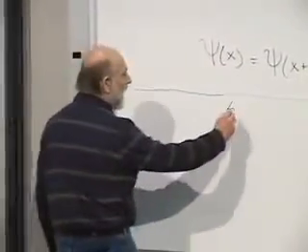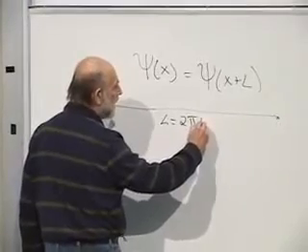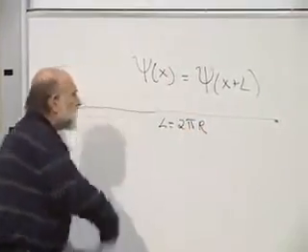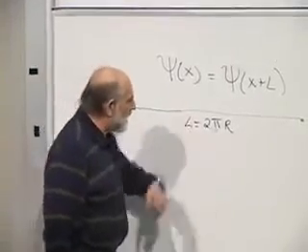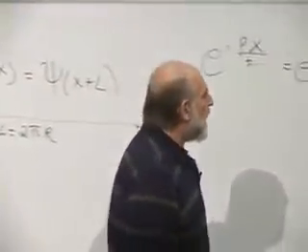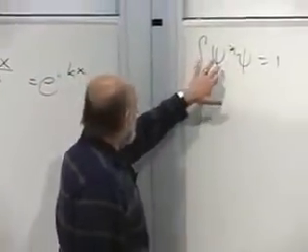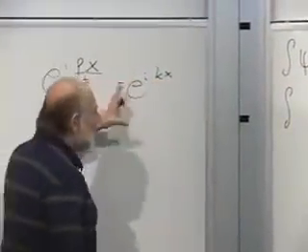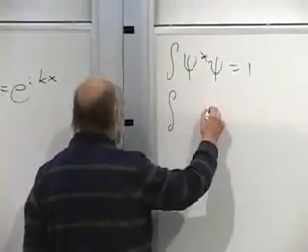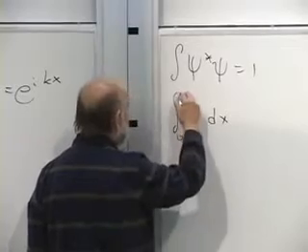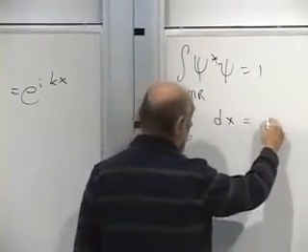I want to think of L as equal to 2 pi r. I want to imagine that it is on a circle. This is just for notational convenience. And then this would not be true. Psi star psi is 1, but then the integral over x from 0 to 2 pi r would not be 1. It would just be 2 pi r.